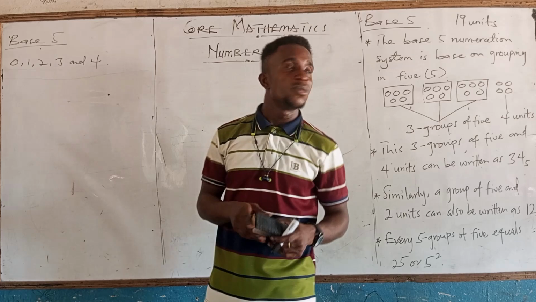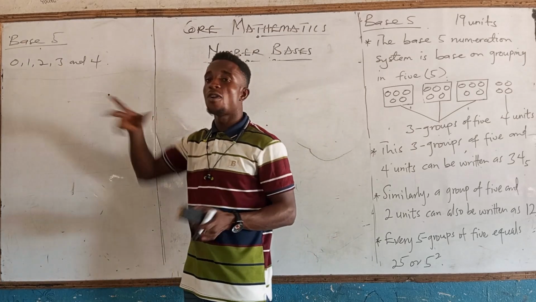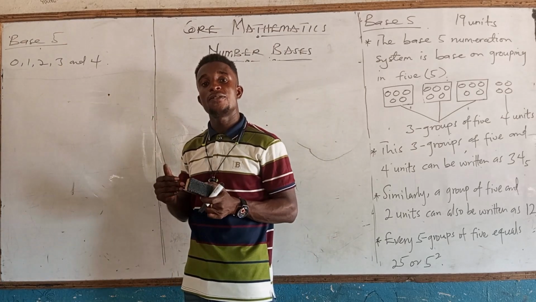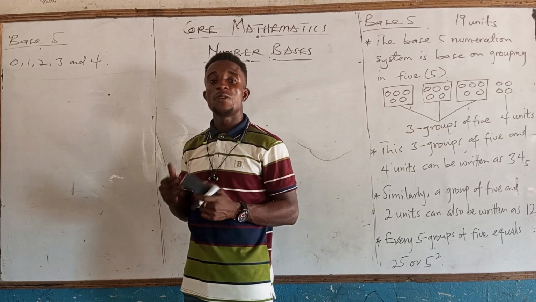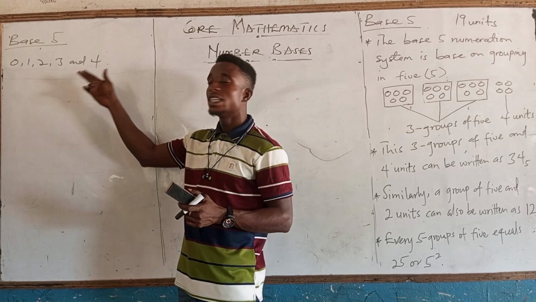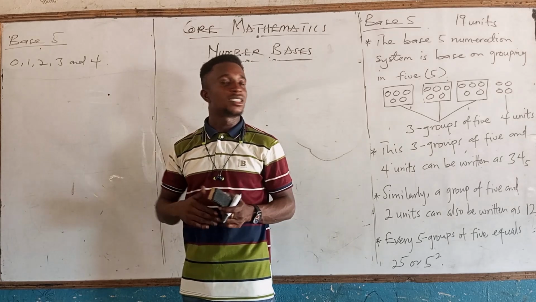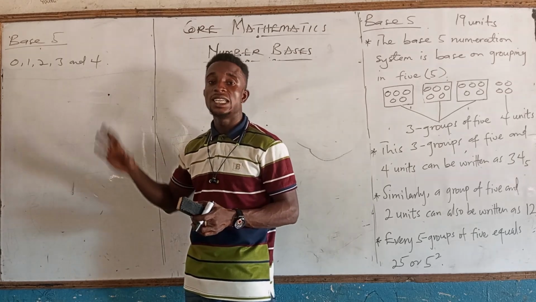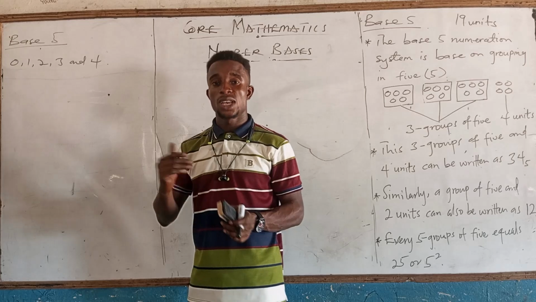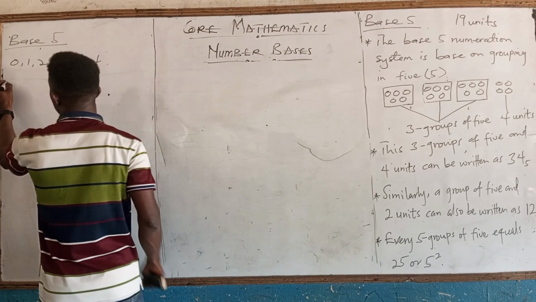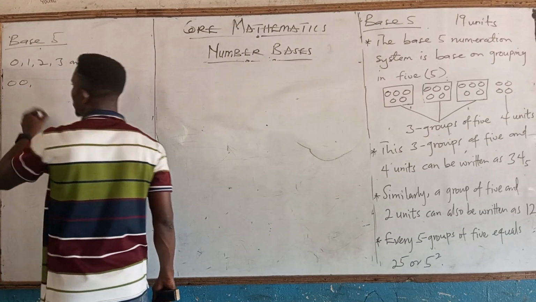So we use these digits in forming the base 5 numerals. In forming that, we take each of the digits and combine it with the remaining digits, including itself. So let's start from 0. We have 0 combining itself to get 0, and this is nothing.